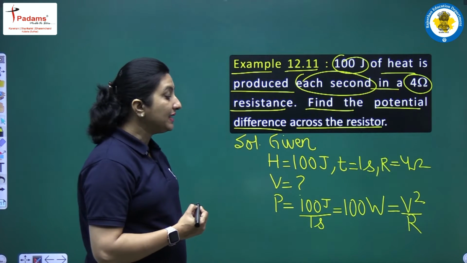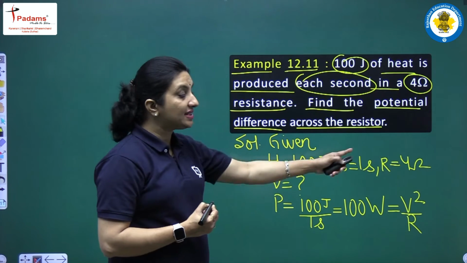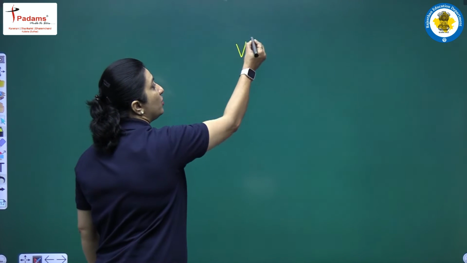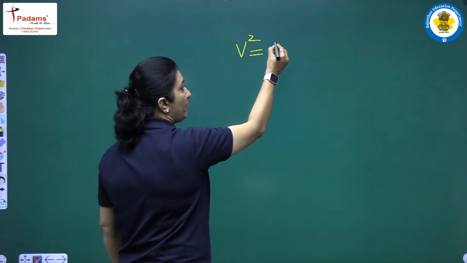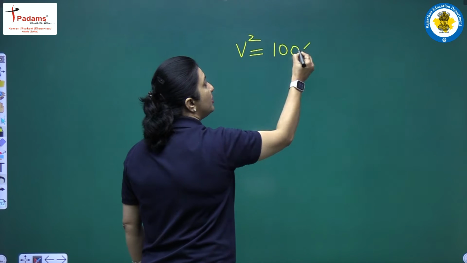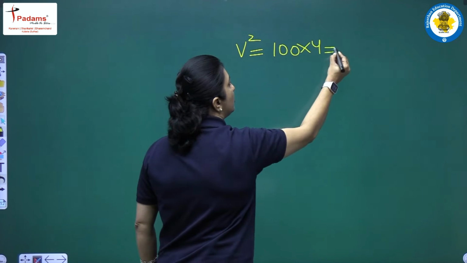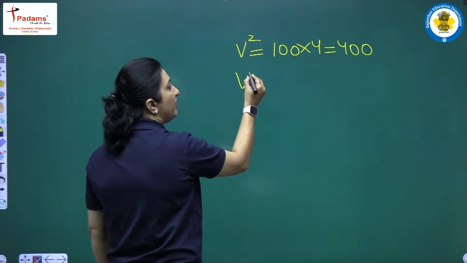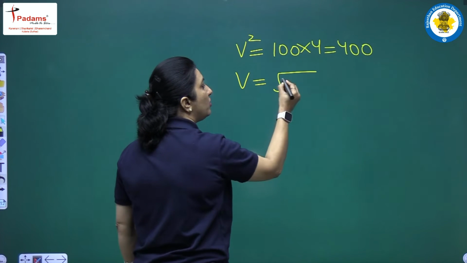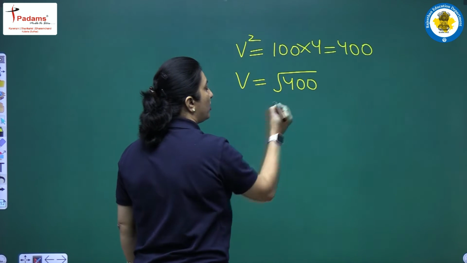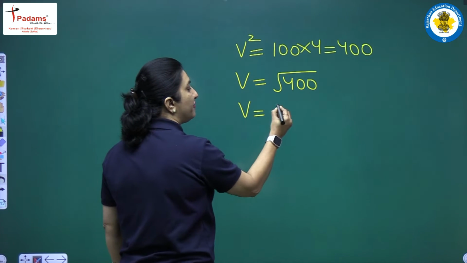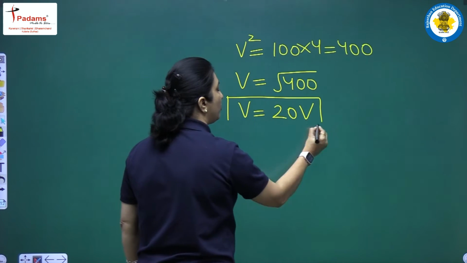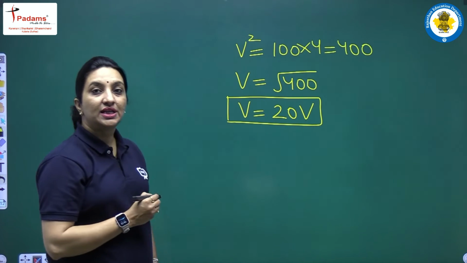The resistance given is 4 ohms. So V square will become equal to 100 into 4, which is equal to 400. So V will become equal to under root 400. So the potential difference comes out to be 20 volts because under root 400 is 20.